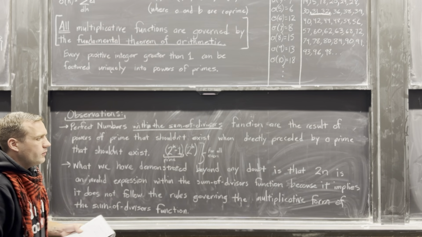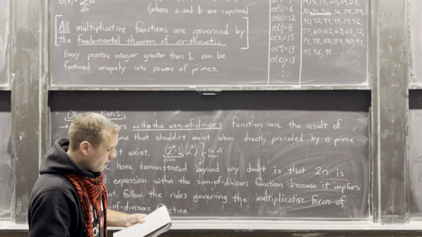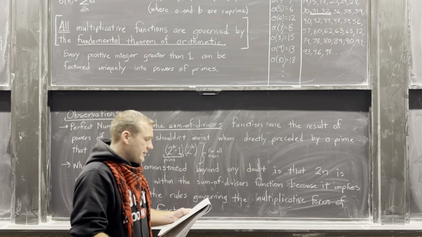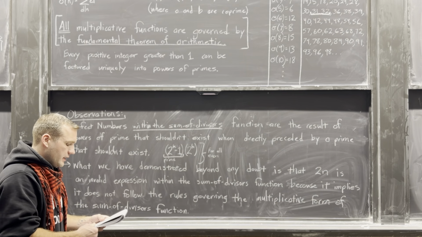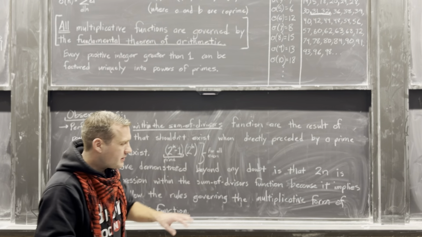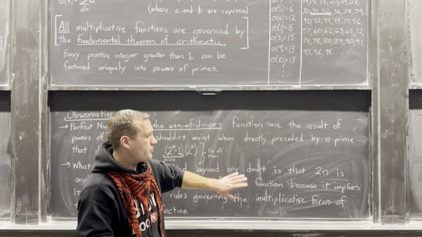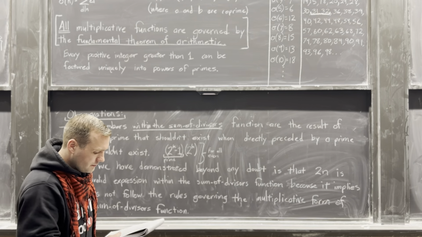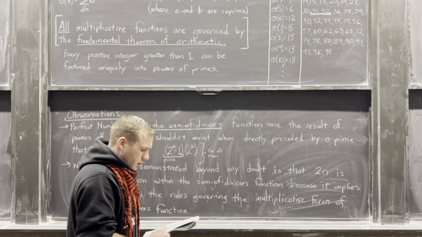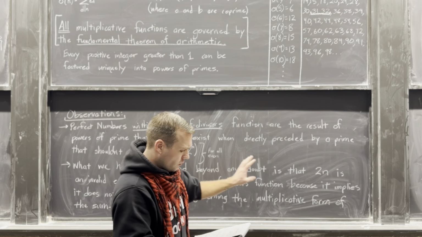In this way, we can understand that the identity, sigma of n is equal to 2n, when n is perfect, is an invalid identity, which is something that I've mentioned and proposed and presented over and over again, right? It's a useful heuristic.